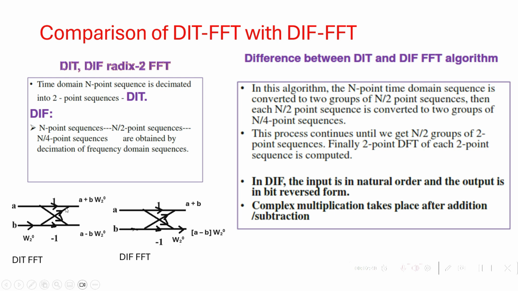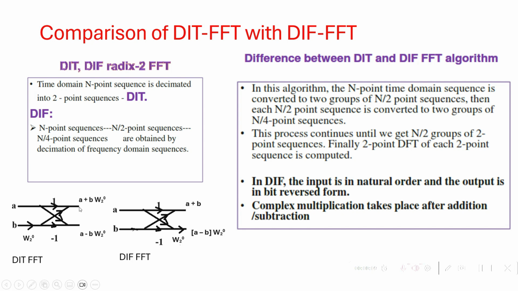Another difference is, see here, this is the simple basic 2-point DFT of the DIT FFT and DIF FFT. You can take 2 points A and B. The horizontal weights are +1 for the upper one and -1 for the lower one, and the cross arrow weights are unity.